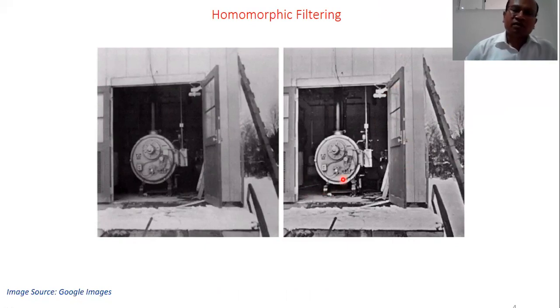So high frequency content is emphasized in the high frequency emphasis system, whereas in homomorphic, you see here this area is looking more black, and this is looking gray. But when you compare this image with the second image, we'll find that there has been some distribution of grayscale values in the second image, that is the result image. Homomorphic means we try to distribute the grayscale values in a uniform manner, whatever amount is required.